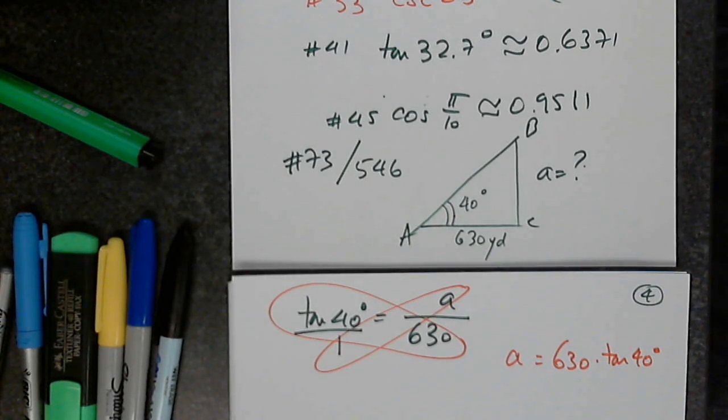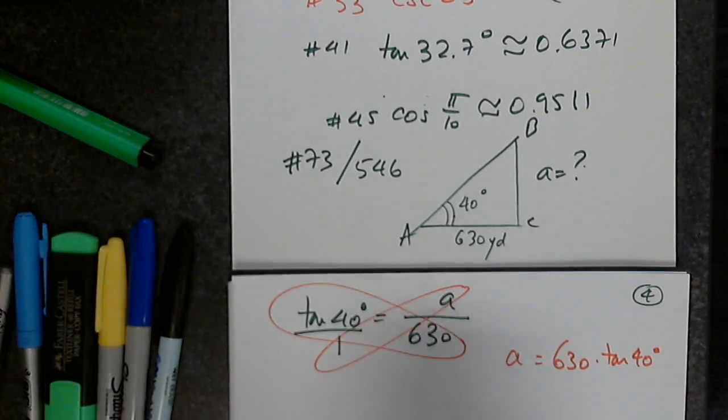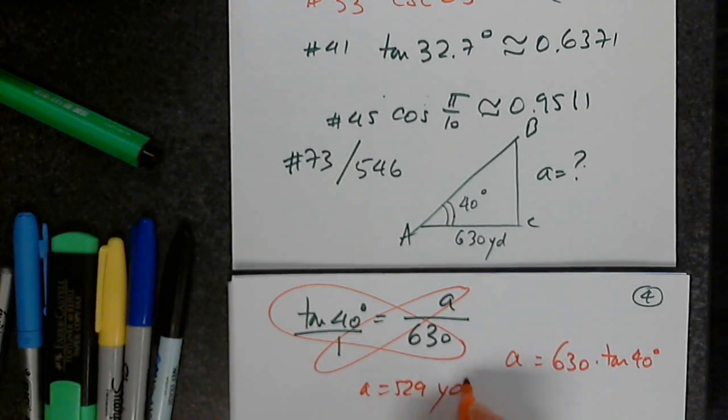So I have 630 multiplied by tangent of 40 degrees, and that would be a terrible mistake if I pressed enter, because my mode is in radians. So I have to go back and change the mode back to degrees, and then press enter, and that will be fine. To the nearest yard, 529 yards. So A equals 529 yards.